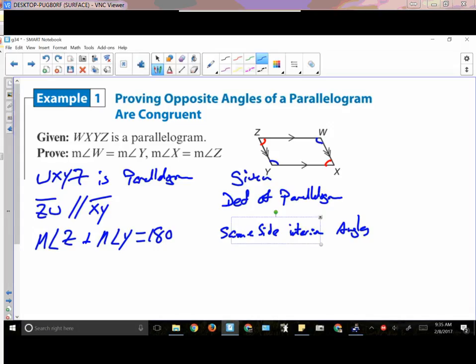Now, does that also mean that the measure of angle W plus the measure of angle X equal 180 degrees? Okay.